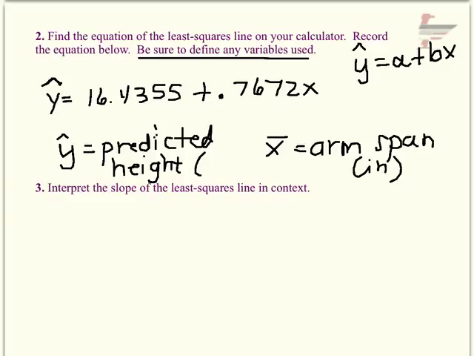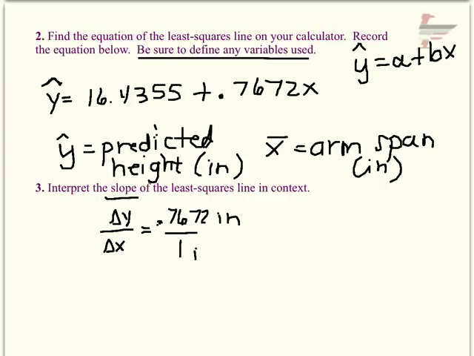Number 3 says interpret the slope of the least squares regression line in context to the problem. So remind yourself that slope is your change in y over change in x. Basically, if my slope is 0.7672 over 1, it's going to be an increase of 0.7672 inches of height for every 1 inch in arm span. So if you think about that mathematically first, maybe before you write it out.